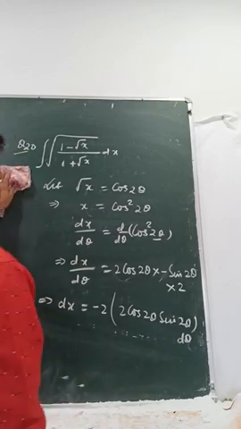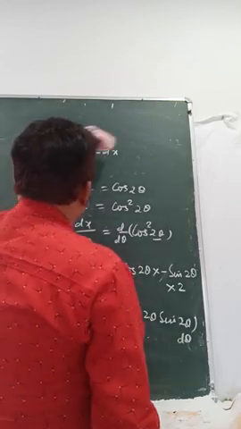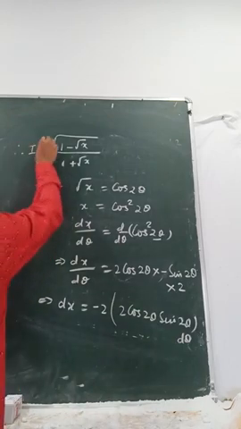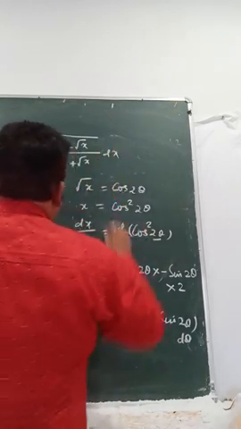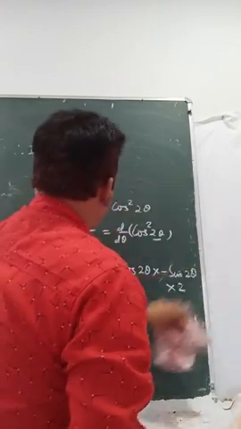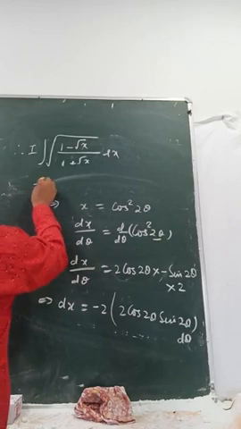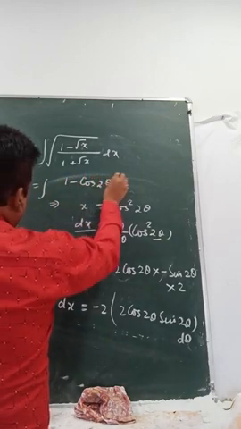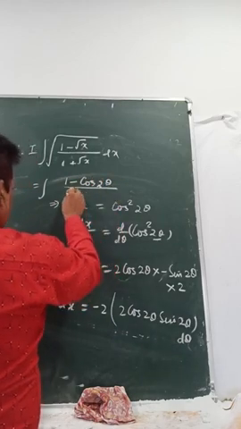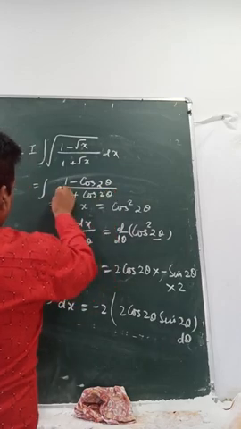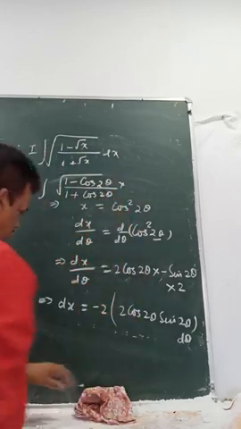So I equals, root x is cos 2 theta, so it is root of 1 minus cos 2 theta by 1 plus cos 2 theta into dx.